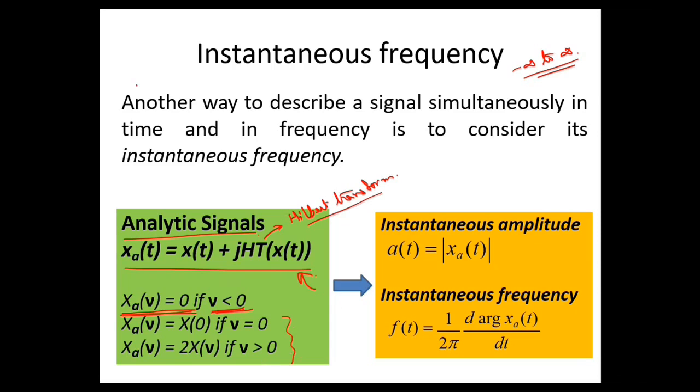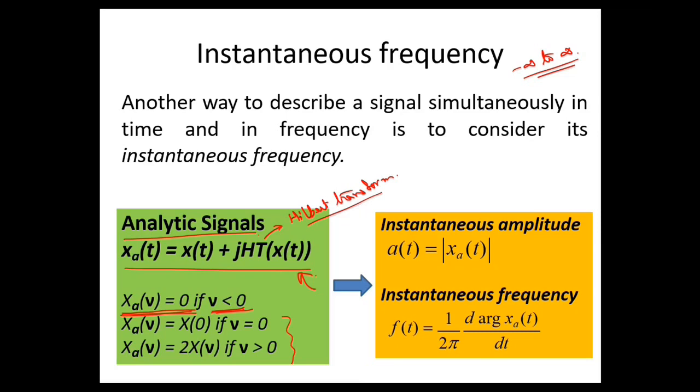Otherwise, when you go for the instantaneous frequency or instantaneous amplitude equation, if you have a frequency at a particular time, is that the negative frequency or the positive frequency? There a confusion would arise.